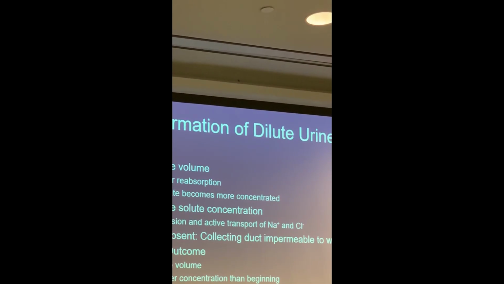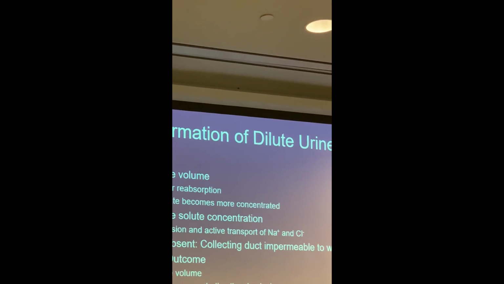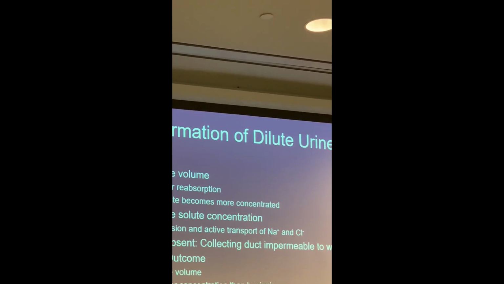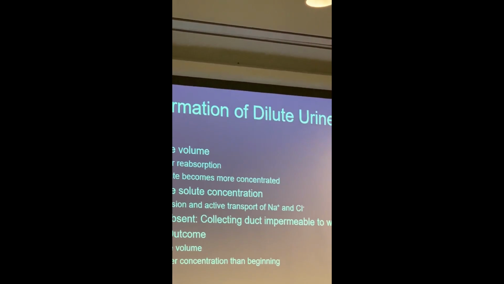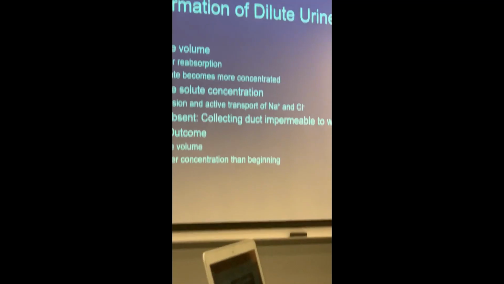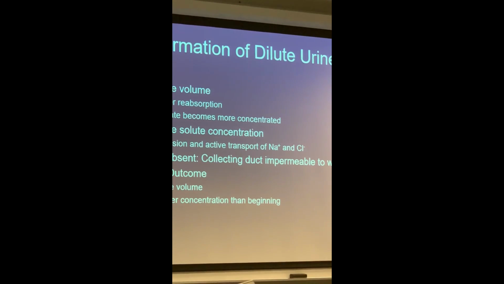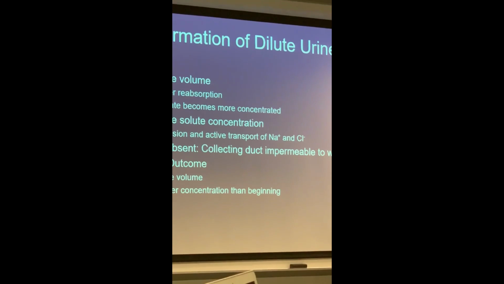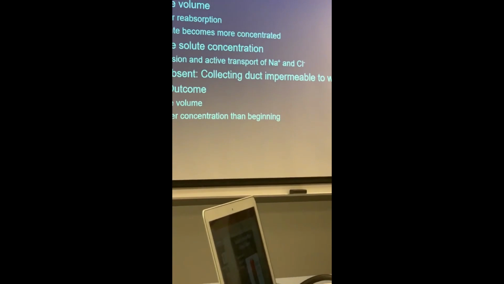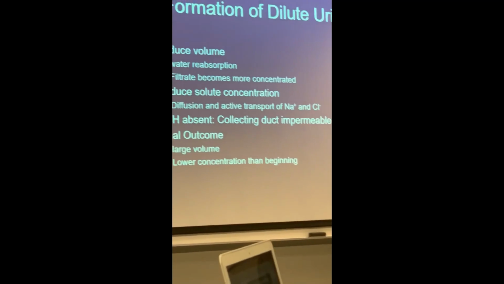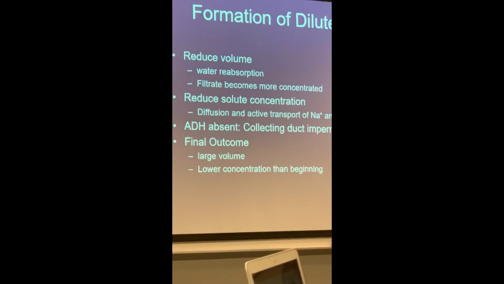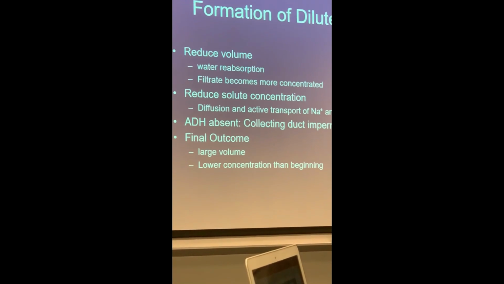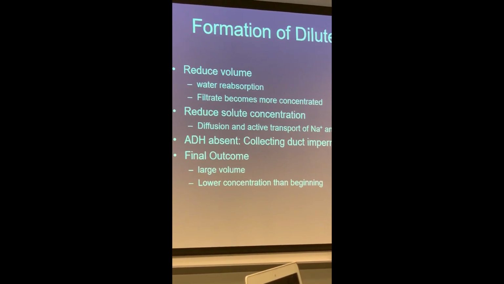So we go into that loop of Henle, we reabsorb water, the filtrate becomes more concentrated, and then we initially have diffusion, and then active transport of sodium chloride and other solutes, mainly sodium chloride though, as we now move throughout the rest of the tube. In the absence of ADH or with a minimal amount of ADH, the collecting duct is relatively impermeable to water.